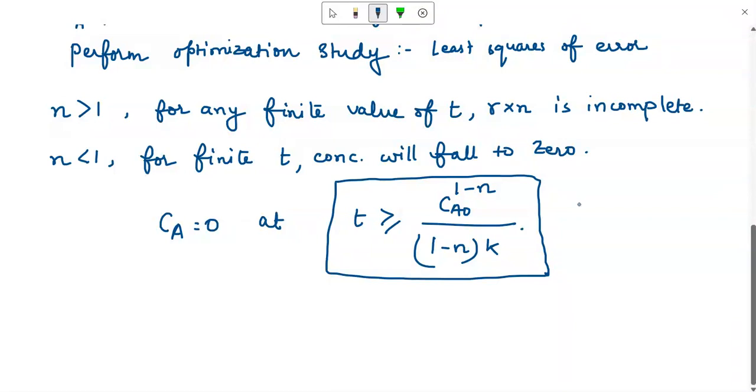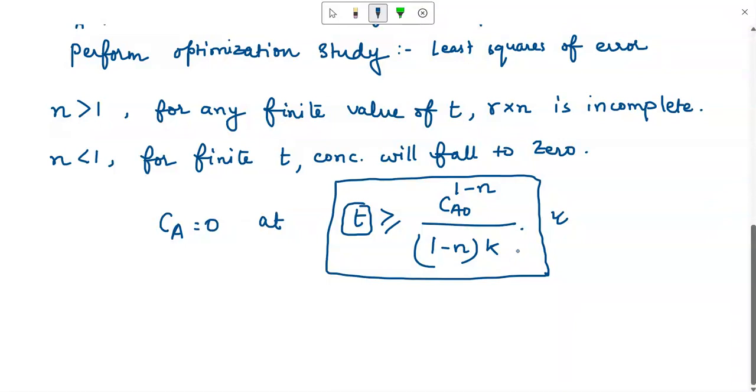Okay, so the idea is that we should not continue the integration beyond this time value that we obtain from the formula given here, because otherwise the real concentration will actually fall below 0, and that is not practical.